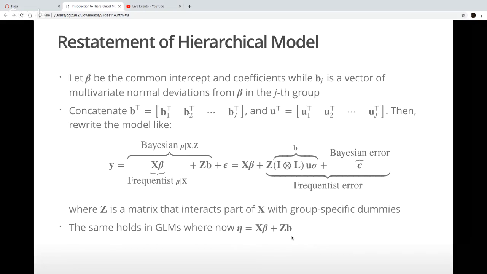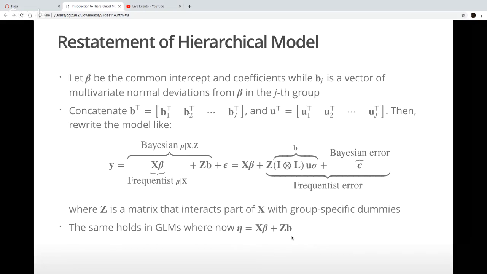What gets multiplied by what is the same in the Bayesian specification of these multi-level models as in the frequentist specification. But what is part of the conditional expectation and what is part of the error term differs between the way Bayesian hierarchical models are implemented and the way frequentist hierarchical models are implemented.